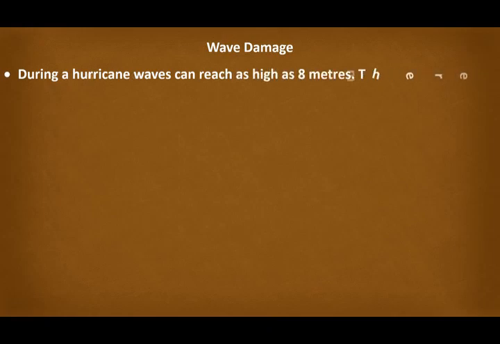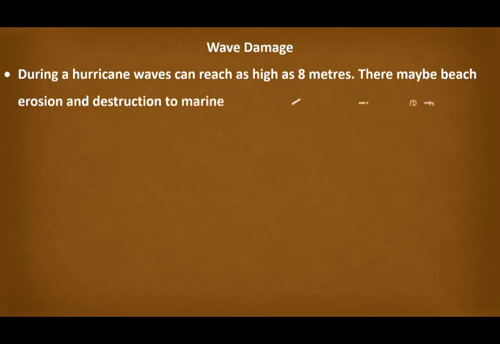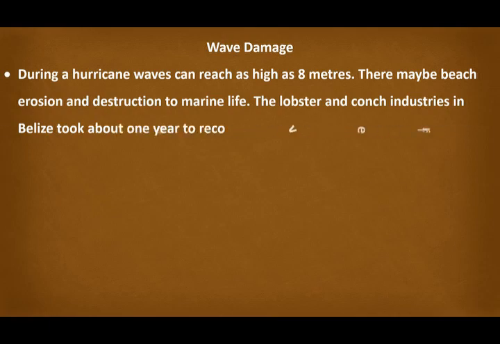Hurricanes can also lead to wave damage. During a hurricane, waves can reach as high as 8 meters. Now just think of your typical house that you live in. 8 meters is roughly the same height as your ceiling, and waves can reach as high as that or even higher than that.